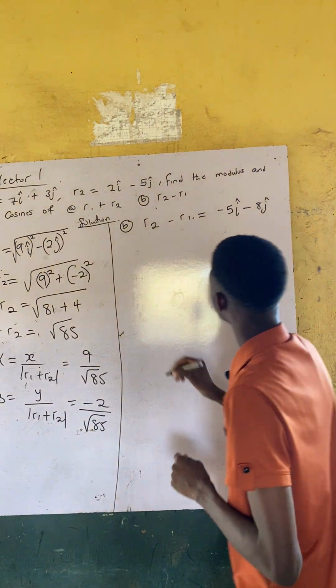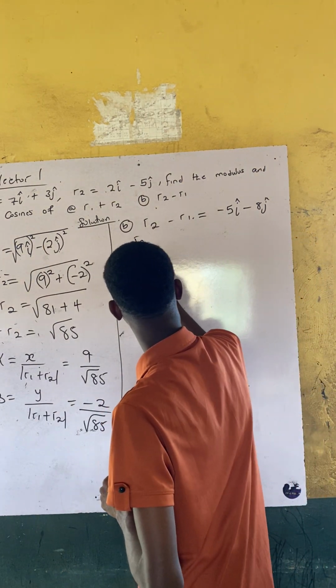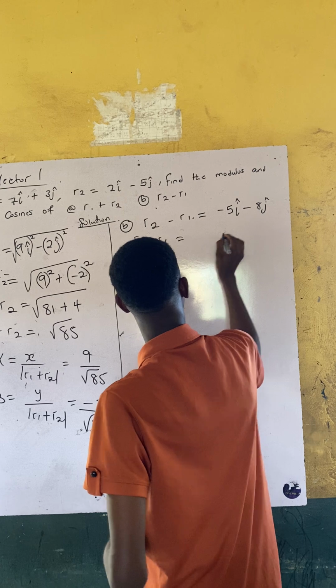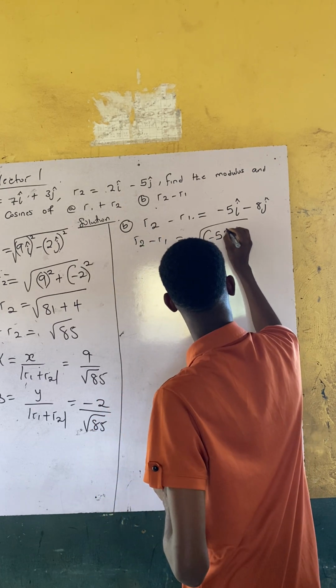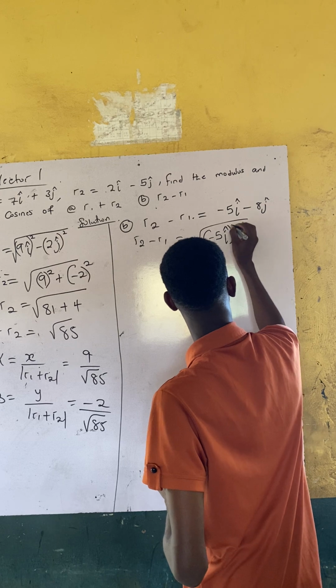So now remember that resultant 2 minus resultant 1 will be the square root of (minus 5i hat) squared.